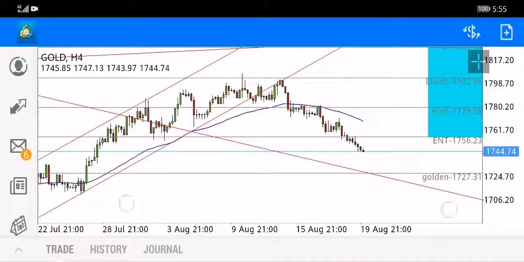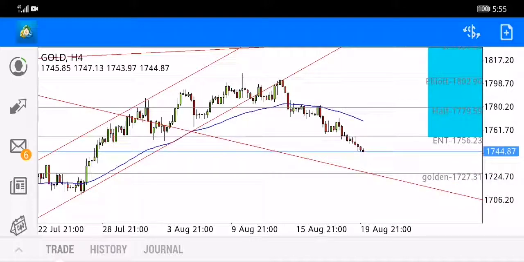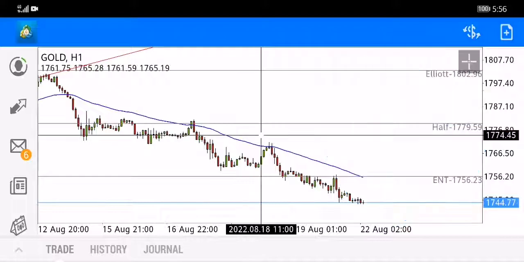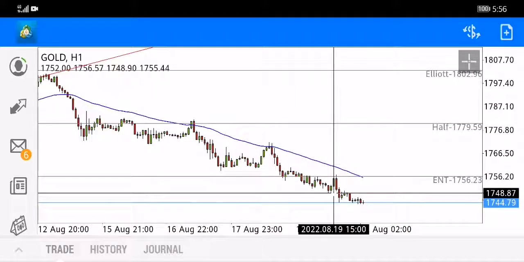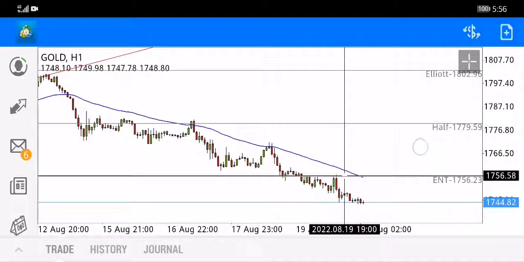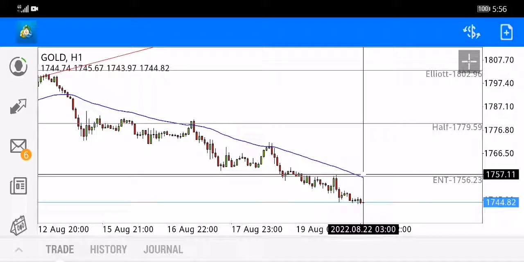As the gold market is trading in front of you, the gold market broke below the 1756 level and is continuously holding below the 1756 level. If you look at the H1 time frame, in the previous days the market made some pullback from 1748 and tested the 1756 level, and continuously went in the selling direction, and the EMA 50 is continuously pushing the price downward.